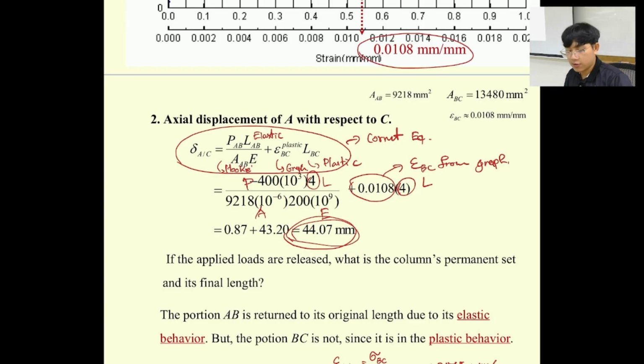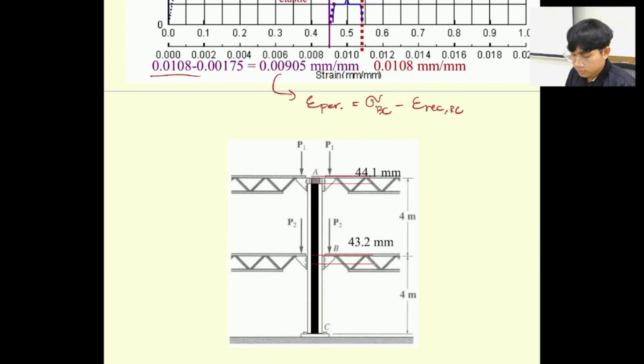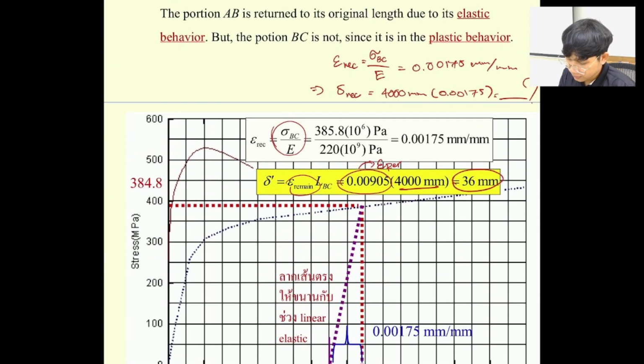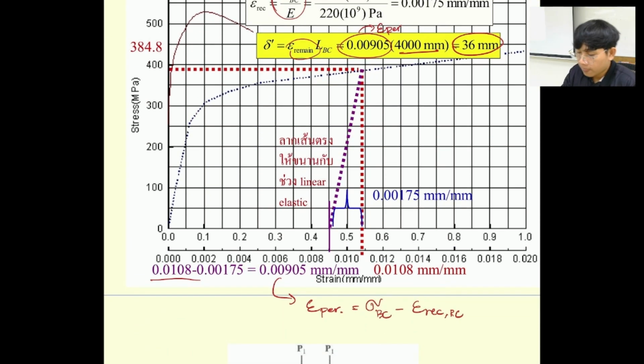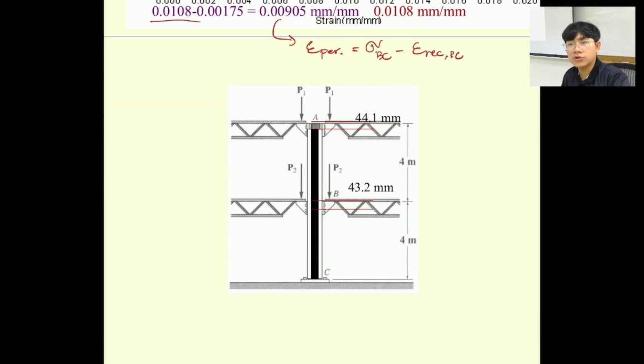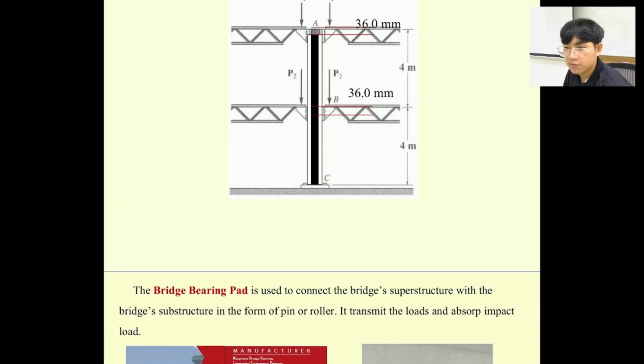But when you release the load, your column is going to recover only this deformation, and then what it lost in length is 36 millimeters. Okay, so that's what I want to mention, and it will be in your midterm exam, of course. Please practice it. If we have enough time, we're going to practice problems 2.1 and 2.2 later.